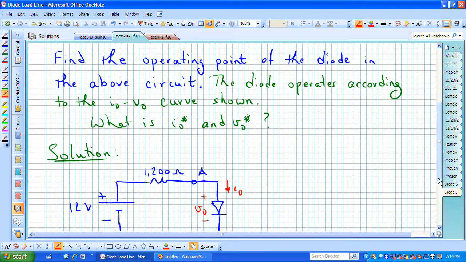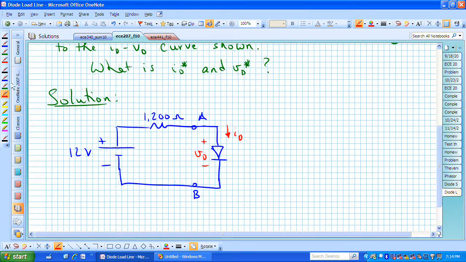In order to analyze this circuit, we can now write a KVL equation. It's minus 12 plus 1200 I sub D plus V sub D is equal to 0.